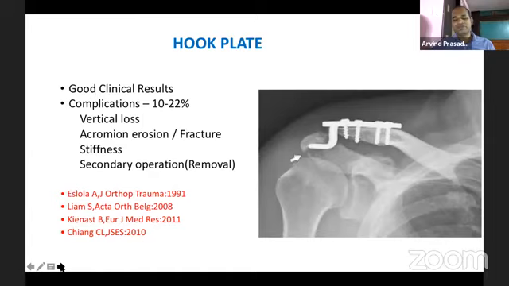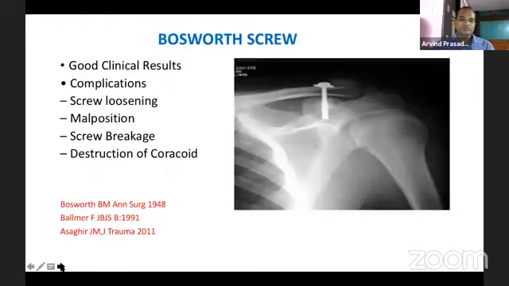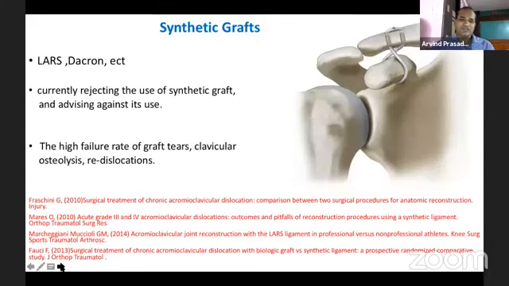It should be removed in almost every case, ideally within 3 months, but by 6 months it should be removed. The Bosworth screw, again, has good clinical results, but complications associated with it include screw loosening, malpositioning, screw breakage, and destruction of the coracoid.